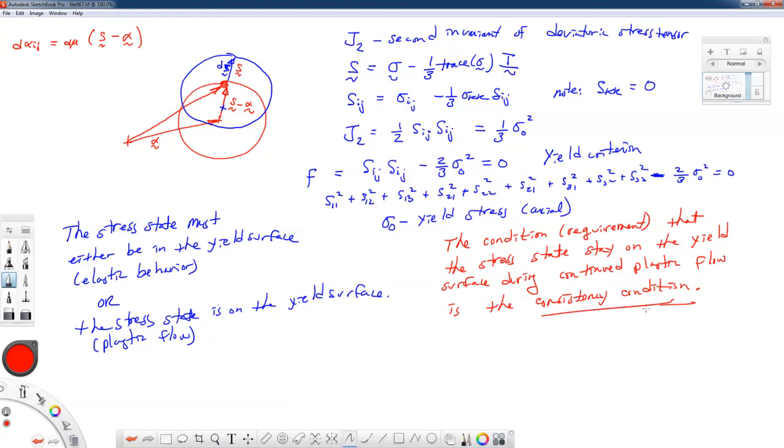Okay, and so you'll see that term quite a lot. We're going to derive the consistency condition, and that will help us figure out this value of d mu up here.